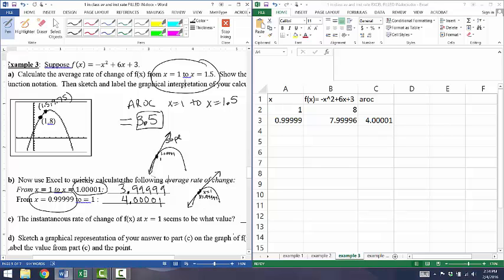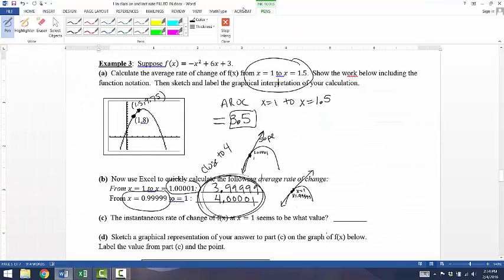So both of these values are extremely close to 4. As I got very, very close with my secant lines, the slope of those secant lines gets very, very close to the slope of the tangent line. I think I can conclude from this that the instantaneous rate of change of f of x at x is 1 is 4.